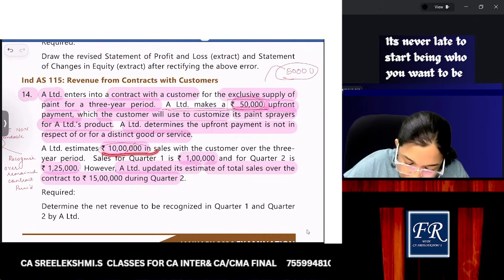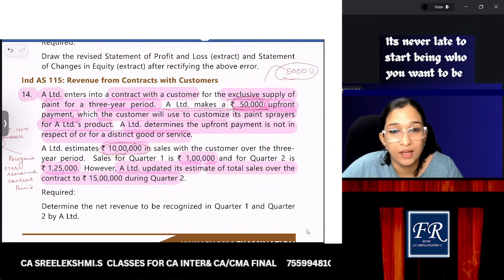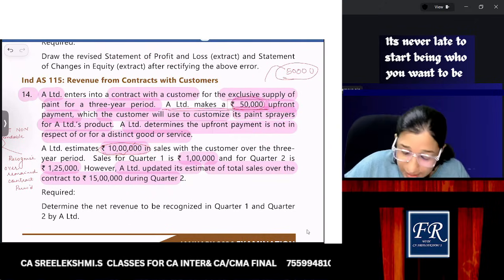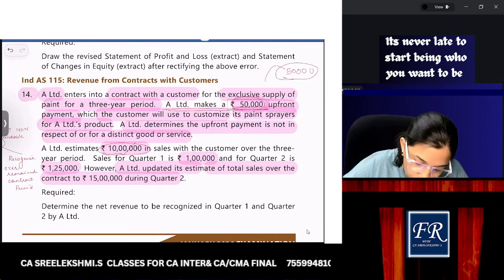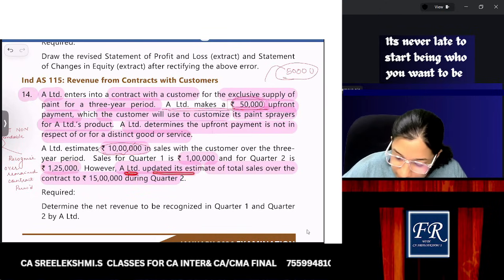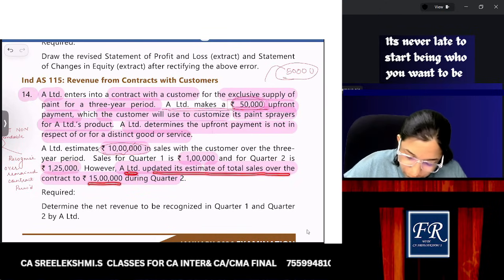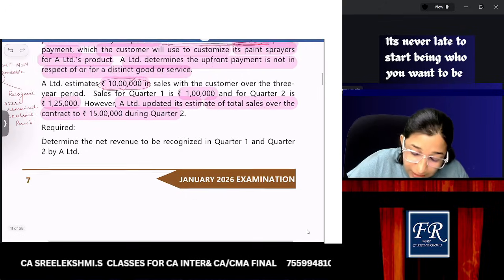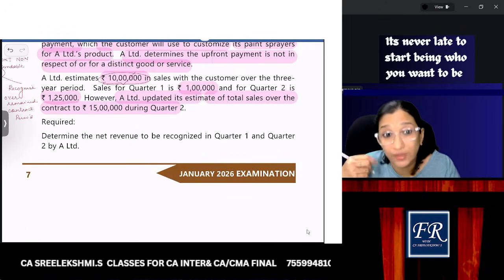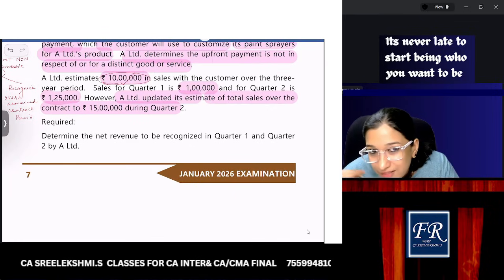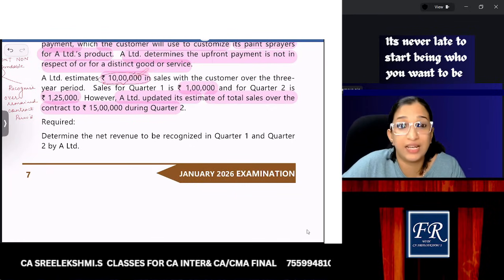So A Limited estimates 10 lakh sales with the customer over 3 years. Sales for quarter 1 is 1 lakh and quarter 2 is 1,25,000. However, A Limited updated its estimate of total sales over the contract to 15 lakhs during quarter 2. Determine the net revenue in quarter 1 and quarter 2.